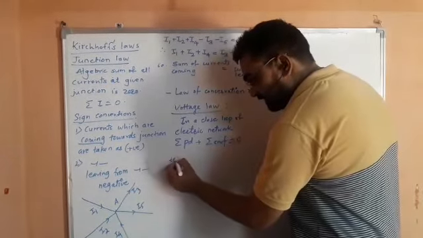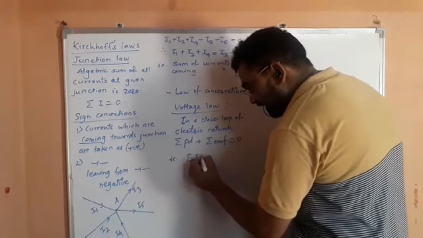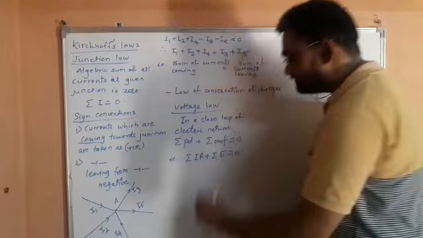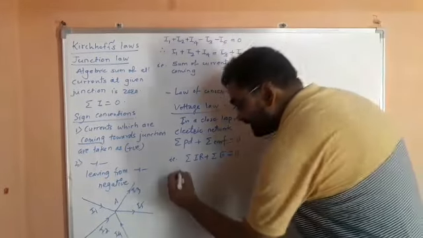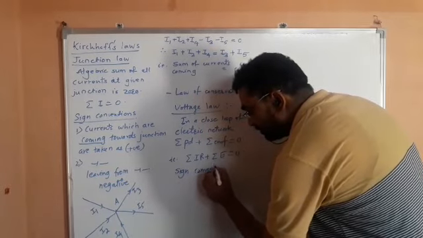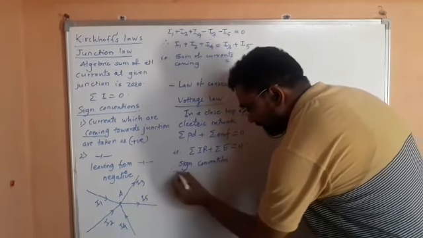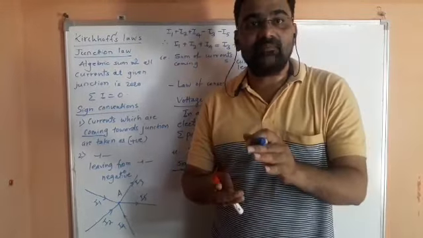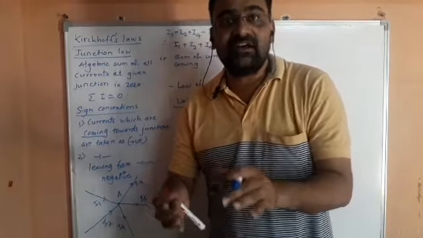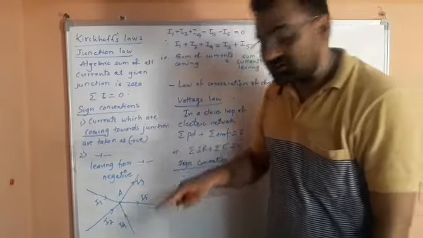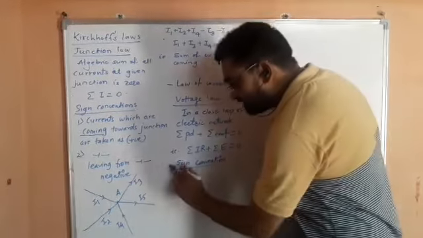That is, summation of IR plus summation of E is 0. Here also, sign conventions play an important role. Now, potential difference and EMF are both forms of energy. Here, I can say this law is very similar to the law of conservation of energy. But to prove this, sign conventions are important.